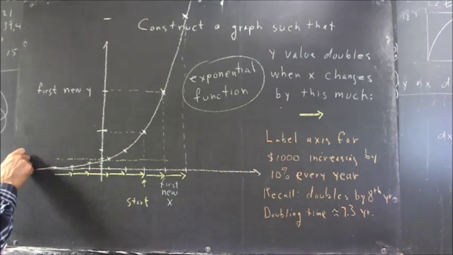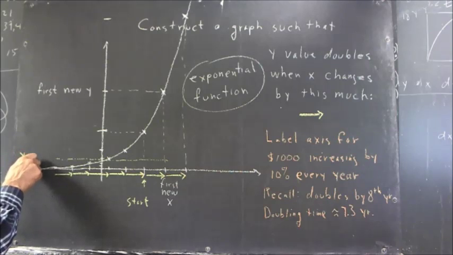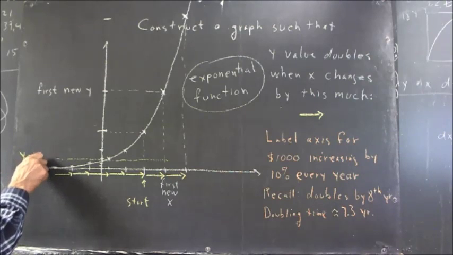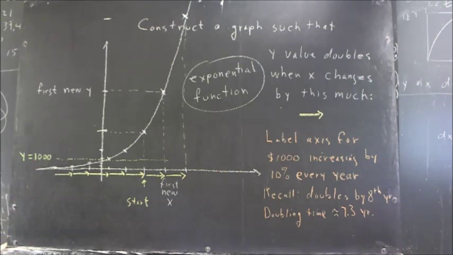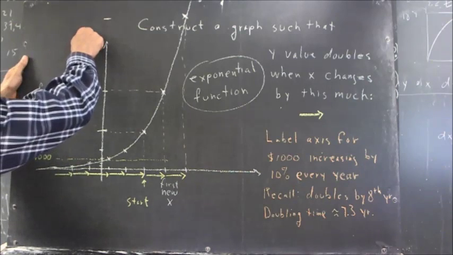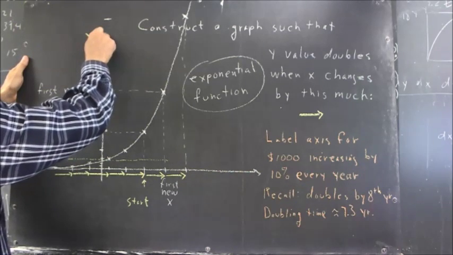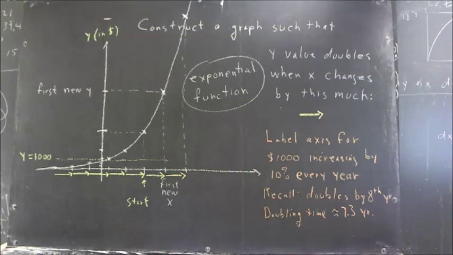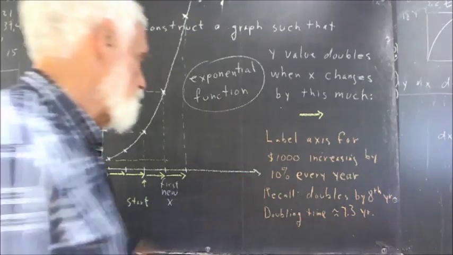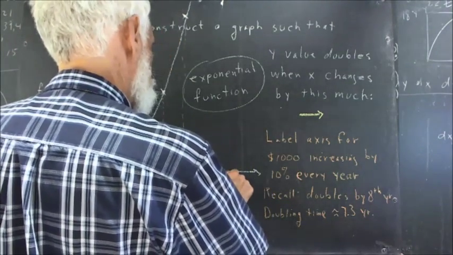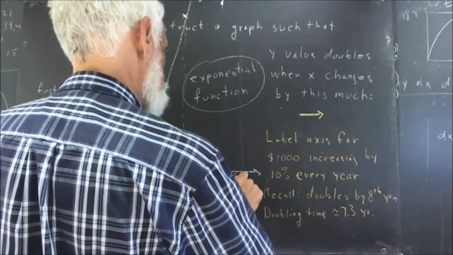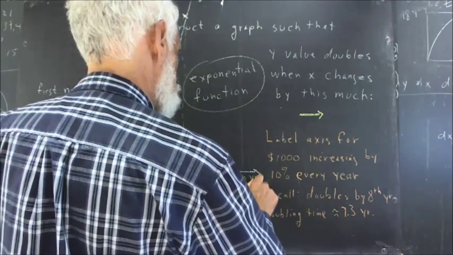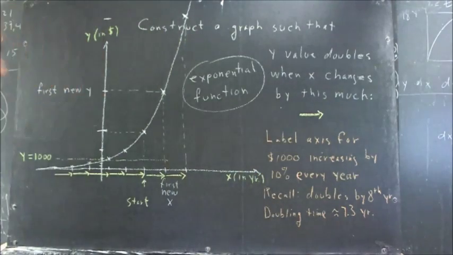And on this line, y equals 1,000. Now I'm going to label the y-axis. I'm going to say y, and that's going to be in dollars. And this axis is going to be the x-axis in units of years.